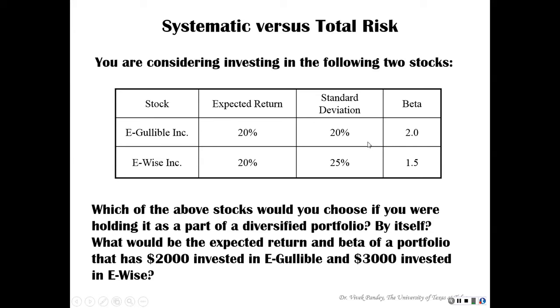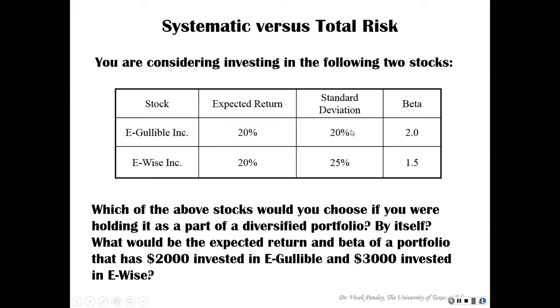If we look at standard deviation, the two stocks have, well, standard deviation of EWise is higher, right? And so eGullable standard deviation is lower. If we were to calculate, say, coefficient of variation, we will get 20 by 20, which is 1 for eGullable, and 25 by 20 is like 1.25, right?